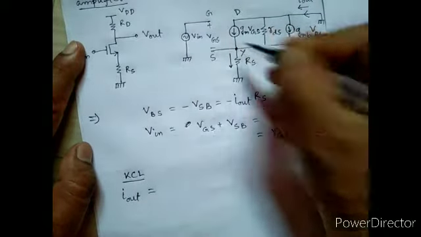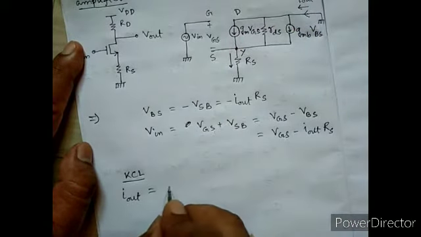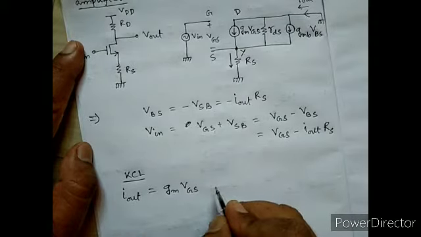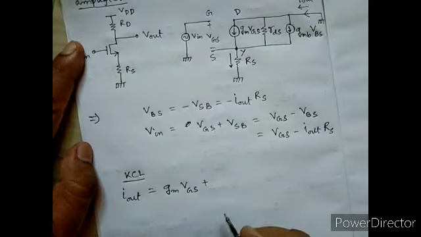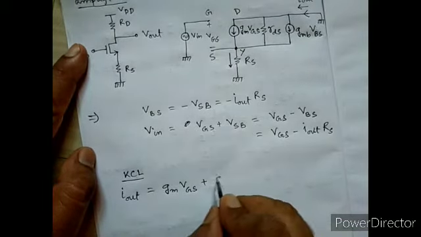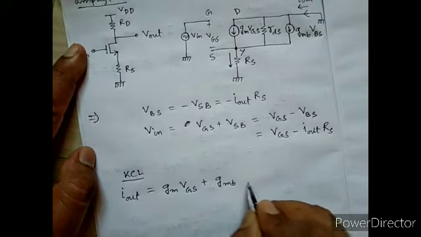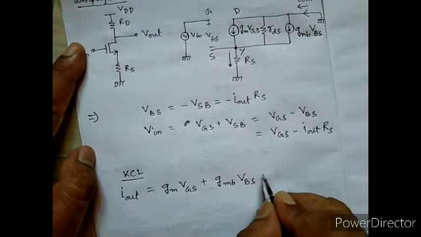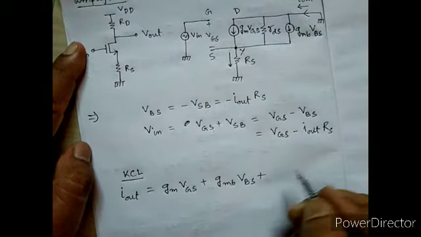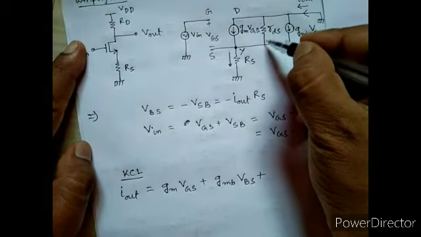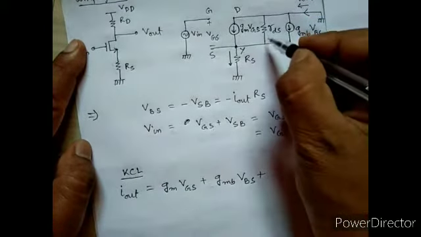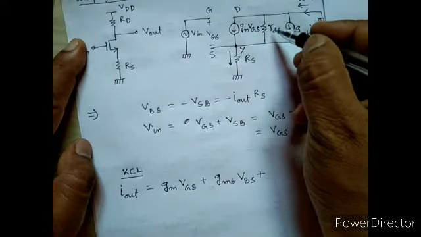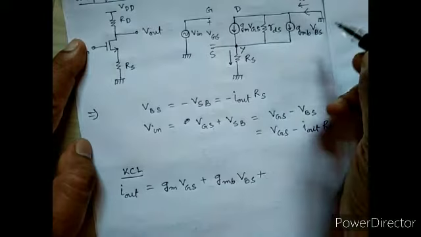So Iout equals gm VGS, plus gmb VBS, plus the current passing through the RDS branch.